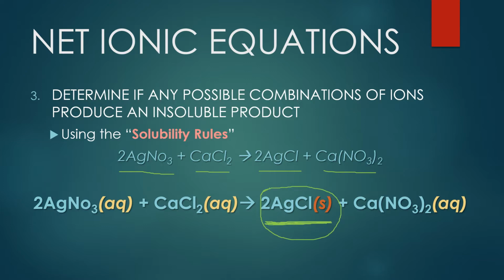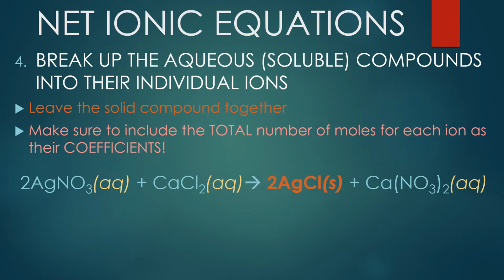Now that we have all of those labeled, we can go ahead and change this into an ionic equation. What you do is take everything that's aqueous and break it up into individual ions. This AgNO3 is aqueous, so we take the Ag and put it separate, and we take the nitrate and put that separate.